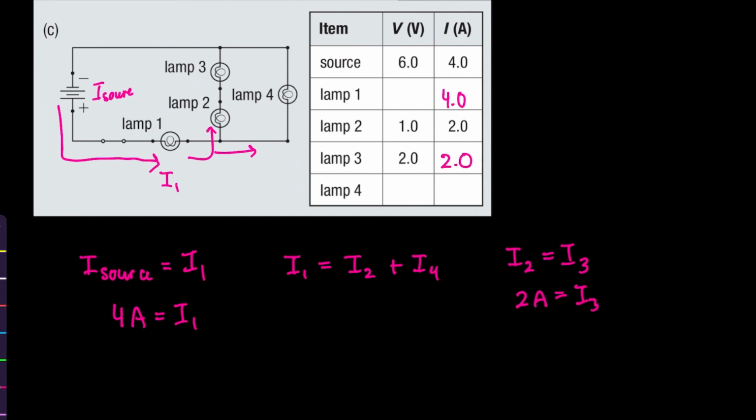This will be 2 amps. Then we look at our equation to find the current at lamp 4. So we just bring the I2 to the other side. Which would be 2 amps.